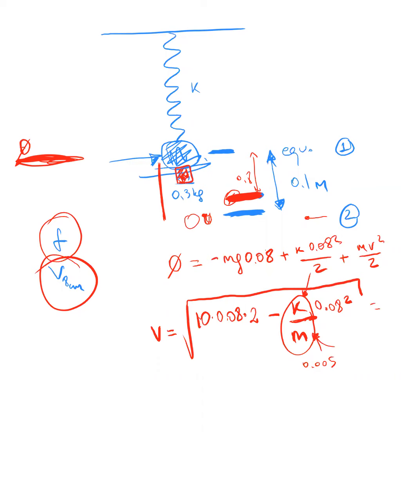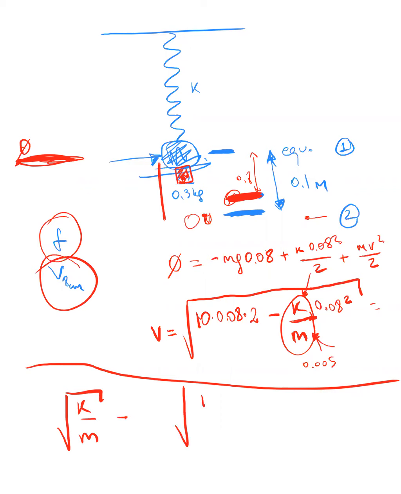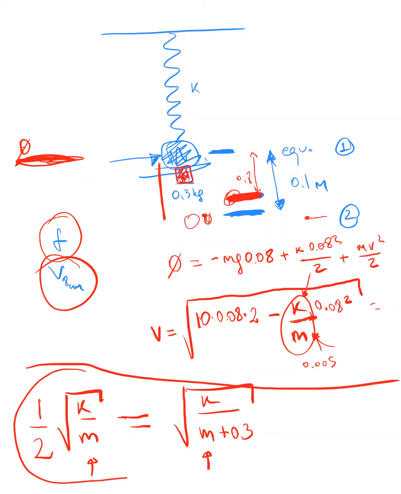To solve that third part, you have to find the frequency when you had this mass m, which is an unknown mass, and then find the frequency when your mass increased by 0.3. So this is the new frequency, and this is the old frequency, and they tell us the new frequency is half of the old frequency.